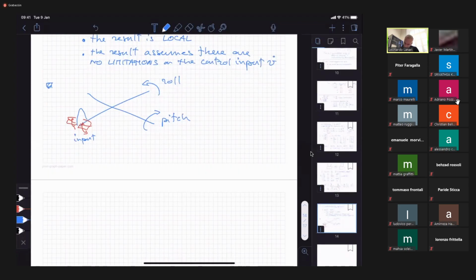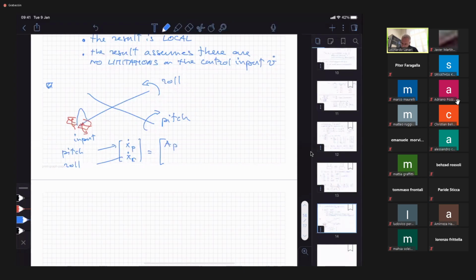So we can represent very roughly the dynamics like this: XP, XR. So this is pitch and this is roll dynamics in a linearized setting.